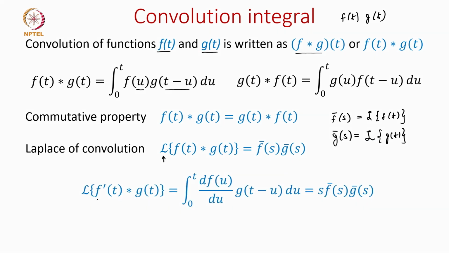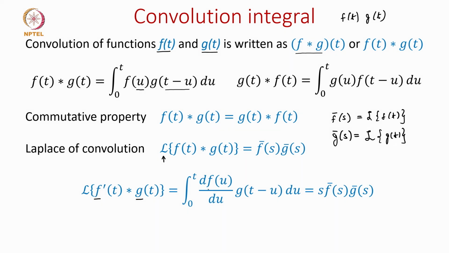Here we see a Laplace of the first derivative of the function f convolved with function g. Here again we can use the same definition of the convolution integral, where we just replace f of u with df by du, because we are talking about the first derivative of the function f.